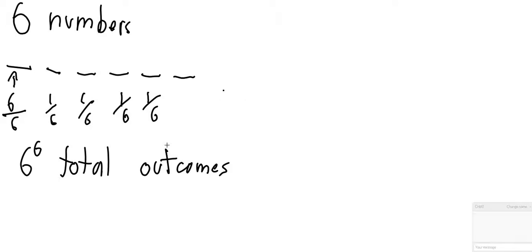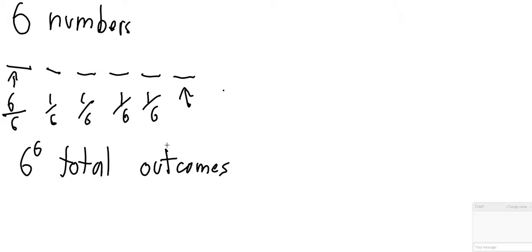What I'm saying is 6 out of 6 times 1 out of 6 times 1 out of 6 times 1 out of 6 times 1 out of 6. What about the last roll though? The last roll I got 5 out of 6.